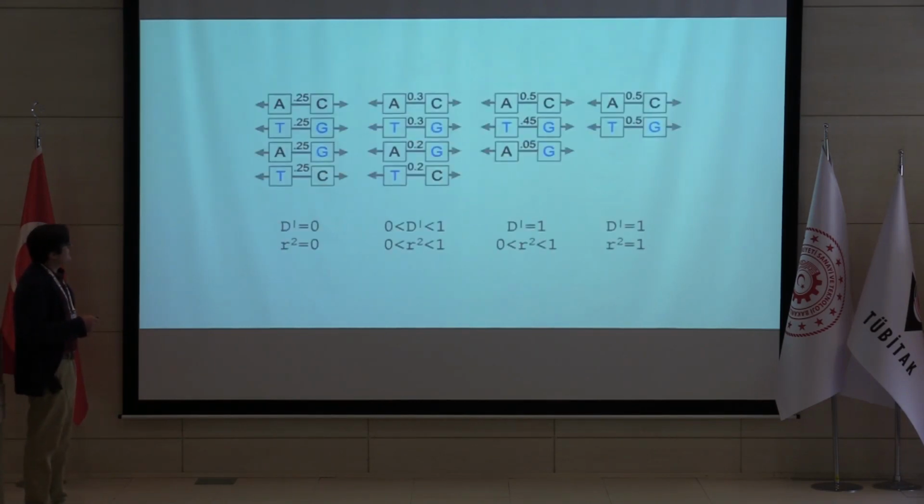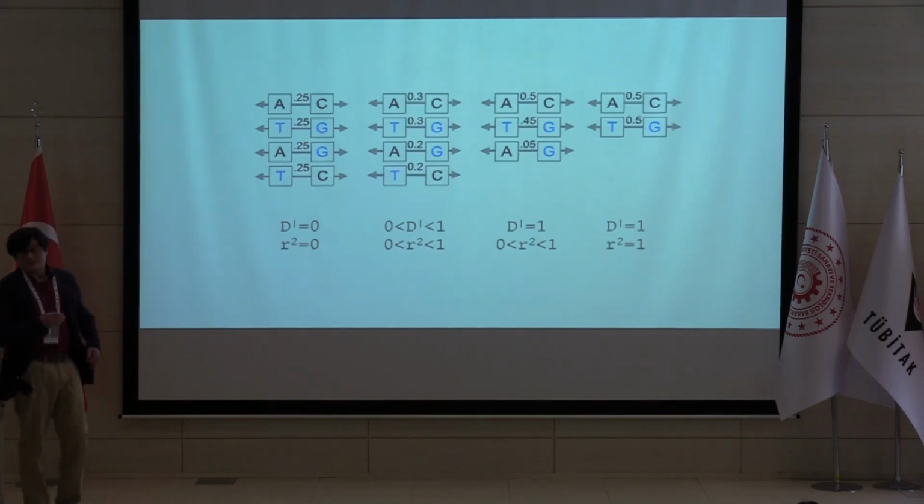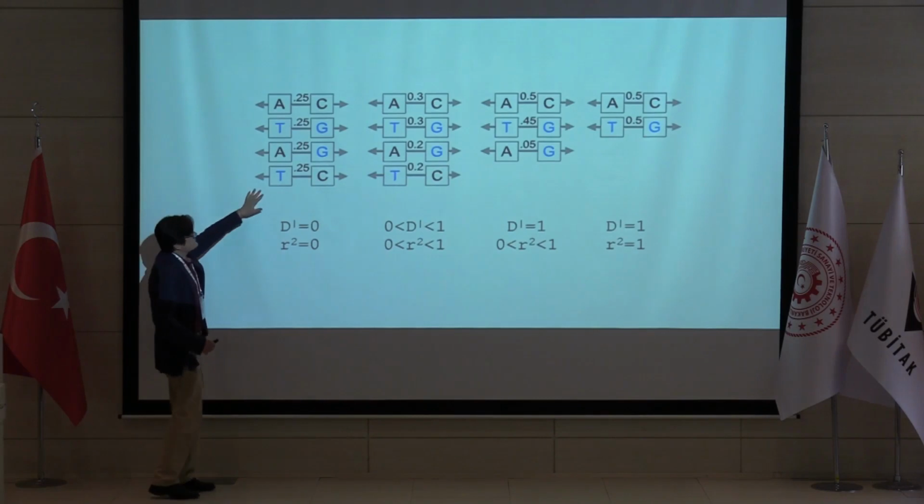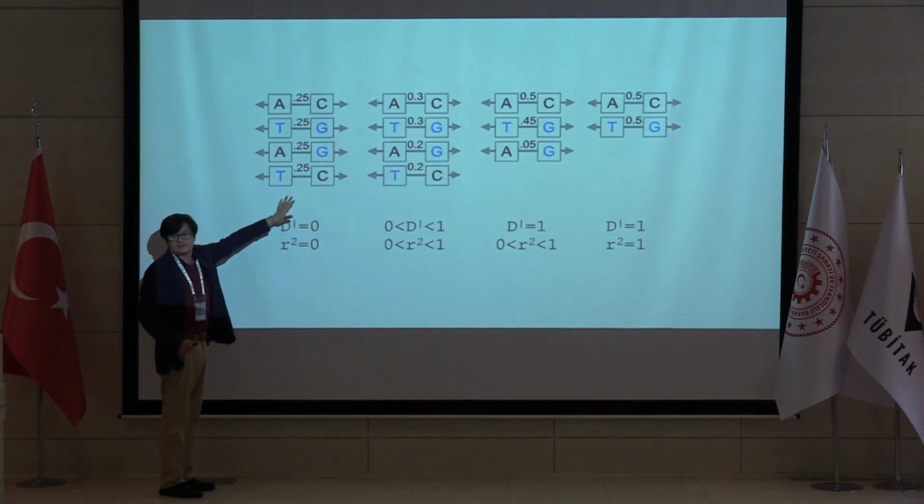Now we have several measures. The original measure was suggested by D.K. Watson, who unfortunately passed away last year. This measure, D, was covariance between genotypes: the observed frequency of the haplotype minus the expected frequency under the hypothesis of genetic independence.